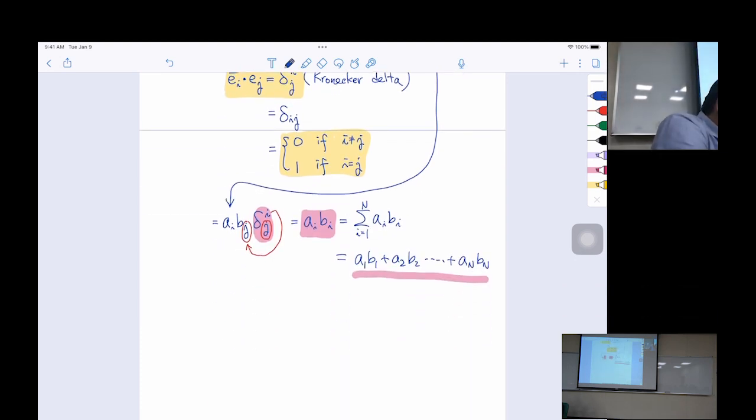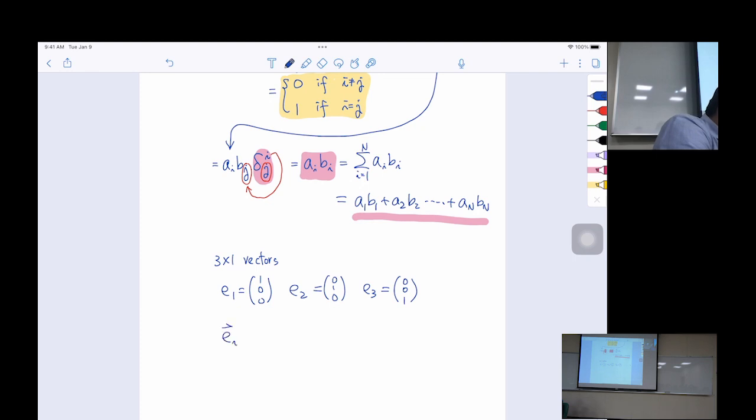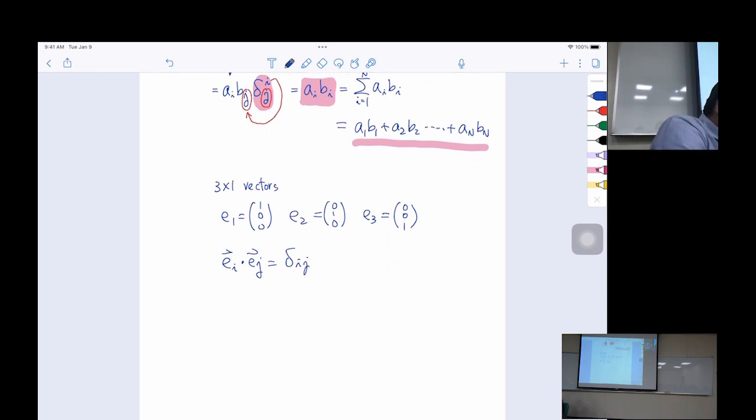Let's say I have three by one vectors. E1 is going to be like this, E2 is going to be like this, E3 is this. So we are proving e_i dot e_j equals Kronecker delta ij. How do we prove it? We can try e1 dot e1.